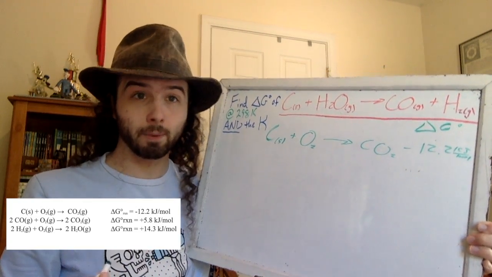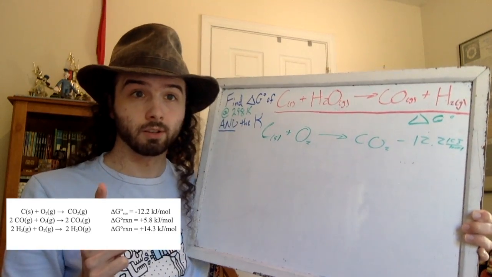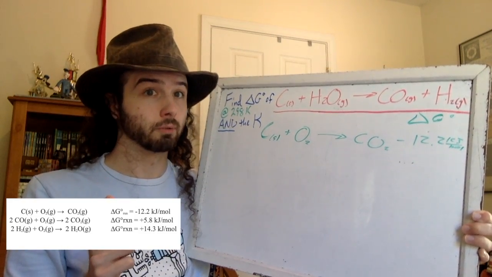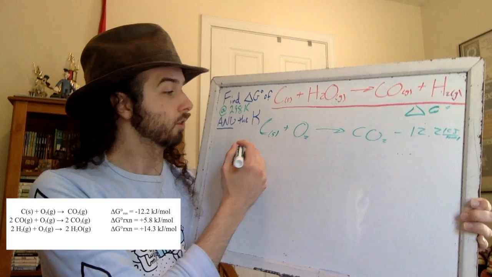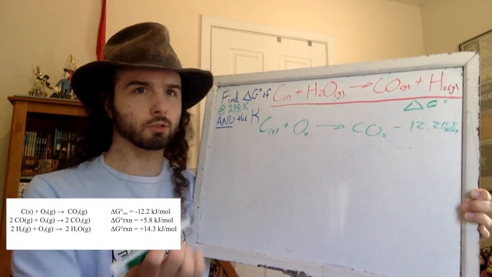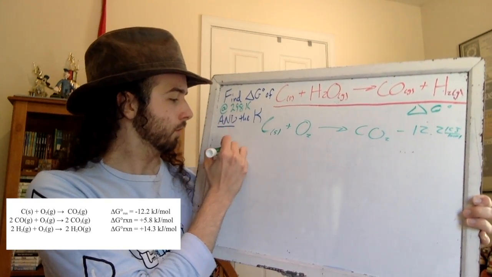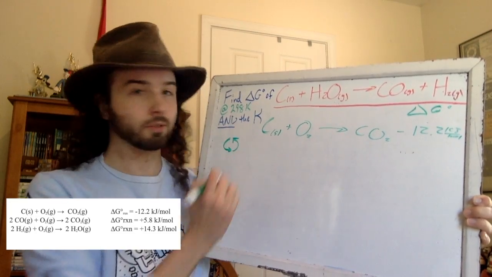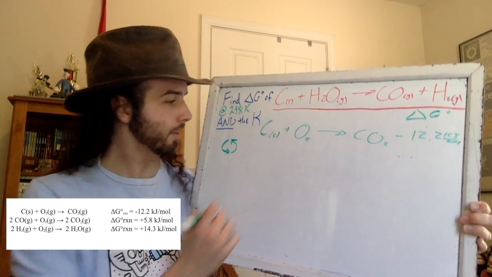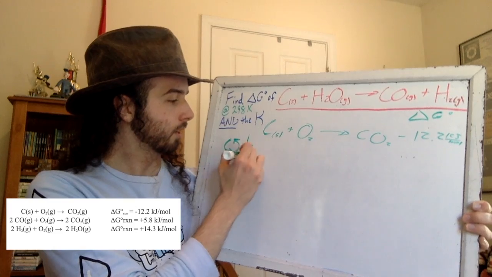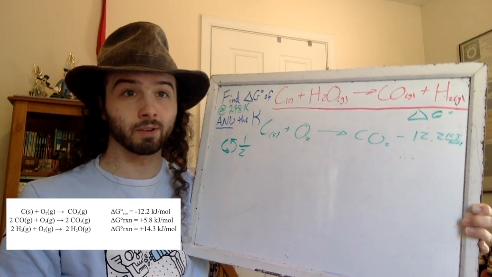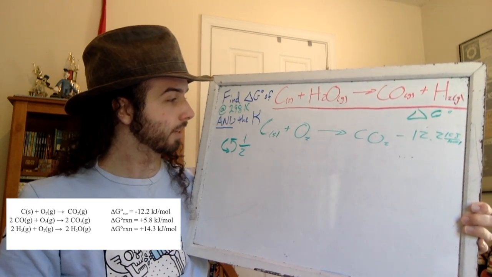That's right, we're going to have to flip it, and we're going to have to divide it by 2, or half it. So I'm going to put it out over here to the side, just to say what we've done to this thing. I'm going to put a little arrows in a circle to show that we flipped it, and a little half to show that we've divided it in half.